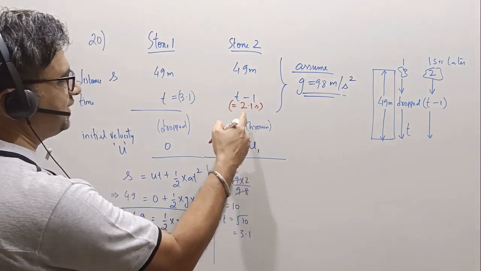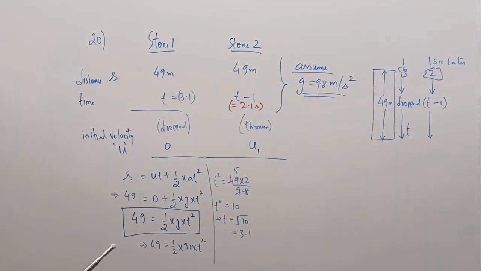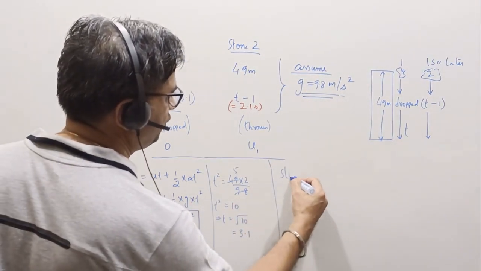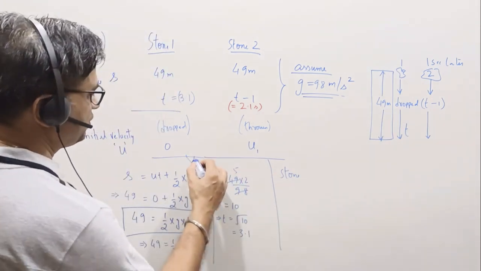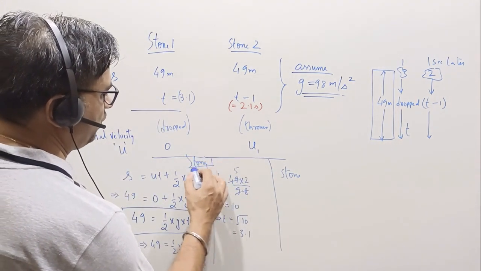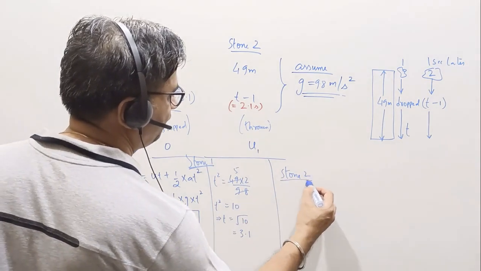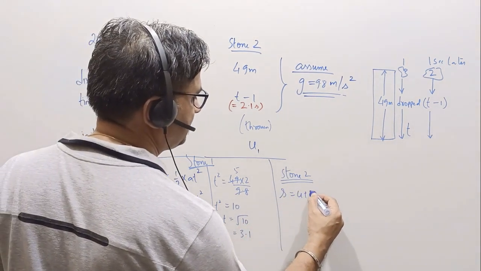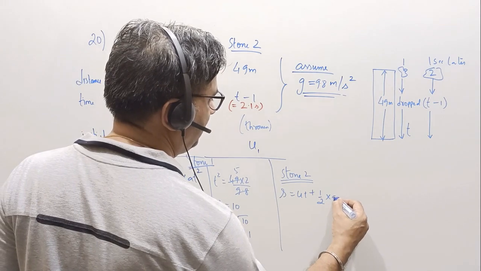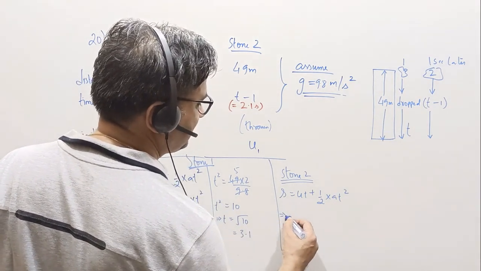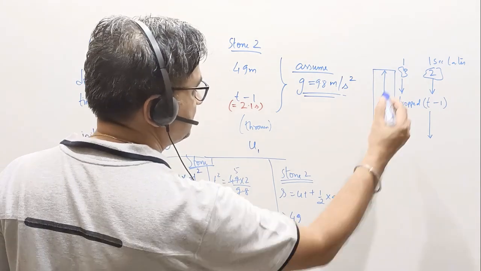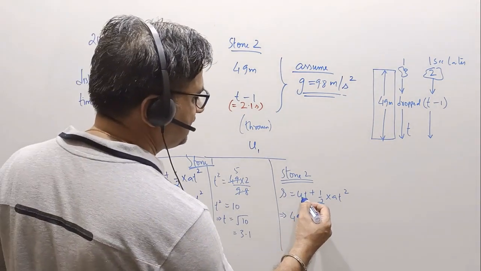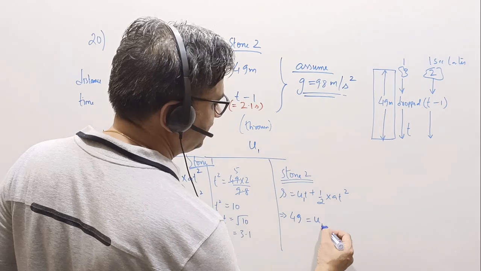Now we can make use of this to calculate u1. This was all about stone 1, mind you. Now for stone 2, if we make use of the same formula, S is equal to ut plus half into at square. We know S is 49 because even this stone has covered all of this distance. U in this case is u1, which we don't know, and that's what we are going to find out.